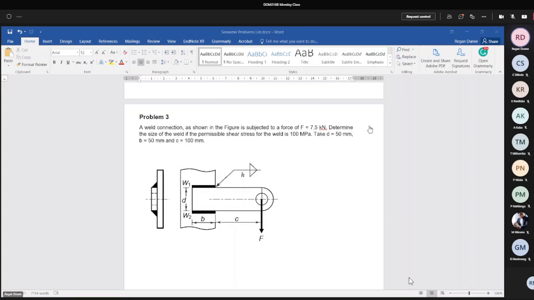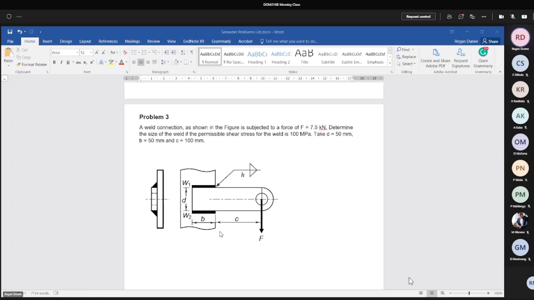Any questions? Sir, given a question like this, but the welds were on all four sides, would it still be a torsional problem?